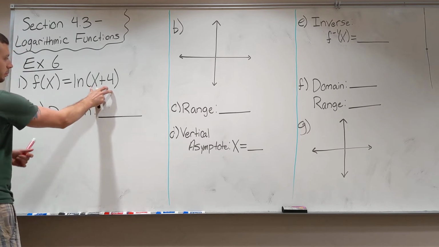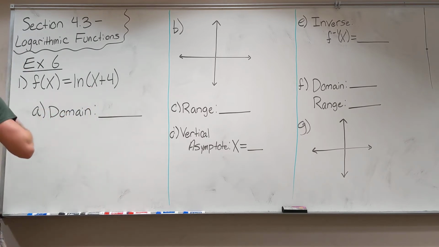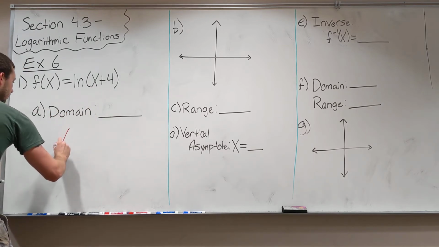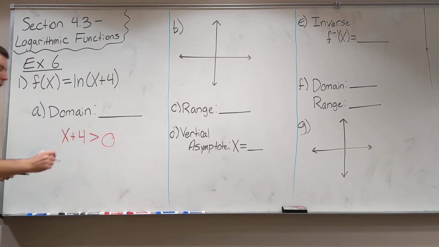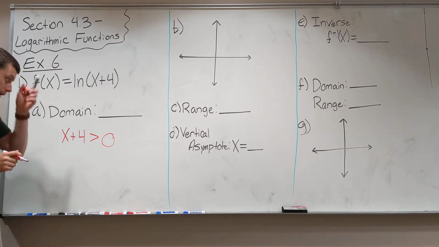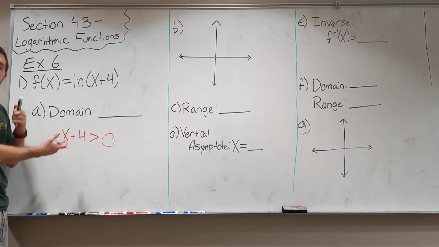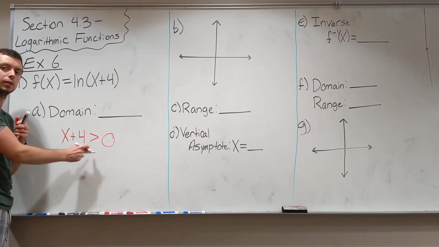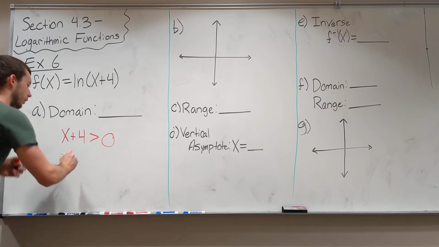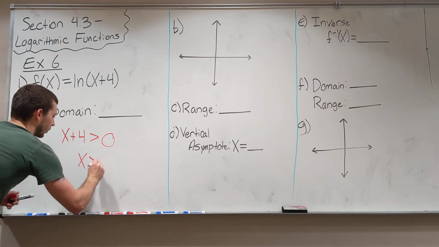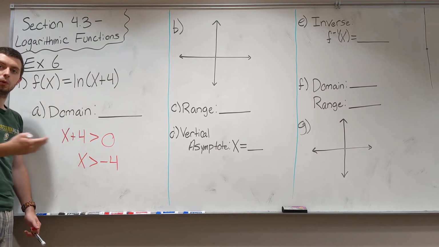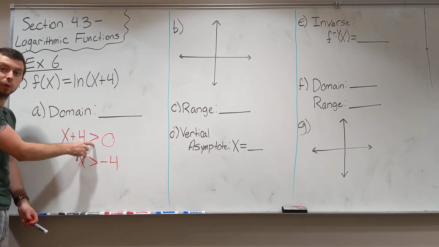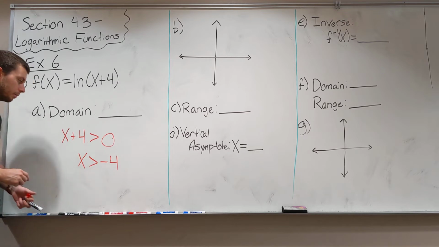So in this case, x plus 4, you take the x plus 4 there, and you set that greater than 0, and you have to solve for x. So when we solve for x, it's just as simple as moving the 4 over, and so we get x is greater than negative 4. And remember, by the principle I established earlier, it's always a strict greater than sign.